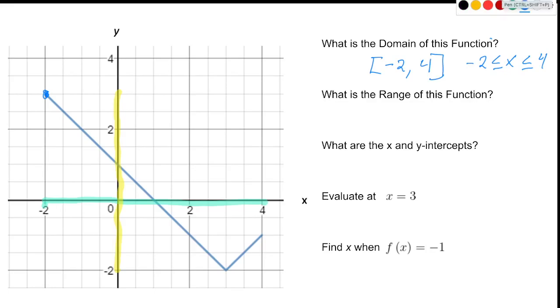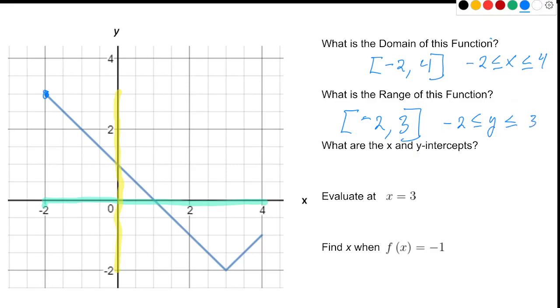And again, since there's no open dots, we assume that they're solid, that they're included. So we're going from the lower value of negative 2. And again, notice this is a y value of negative 2, not this x value. And it goes all the way to 3. Okay, so negative 2 is less than or equal to y, which is less than or equal to 3.